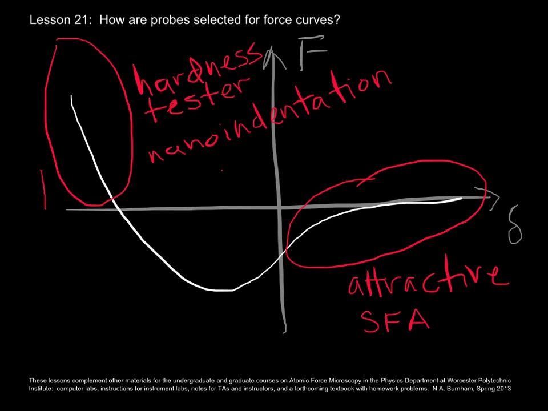And just to be clear, above the x-axis we have net repulsive forces, below the x-axis we have net attractive forces, and the regime of data that is new is here, where even though this is net attractive, we do have repulsive forces building up, and the atomic force microscope is the first instrument that is able to probe the first stages of contact.